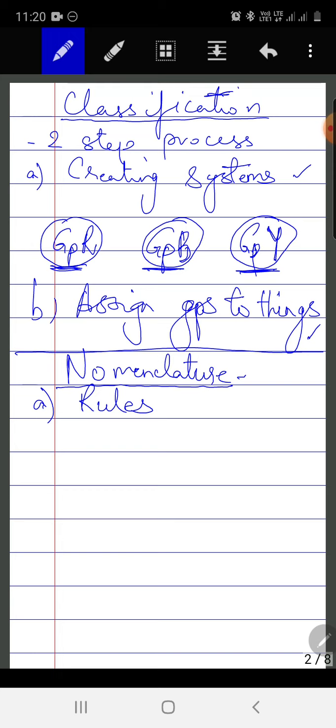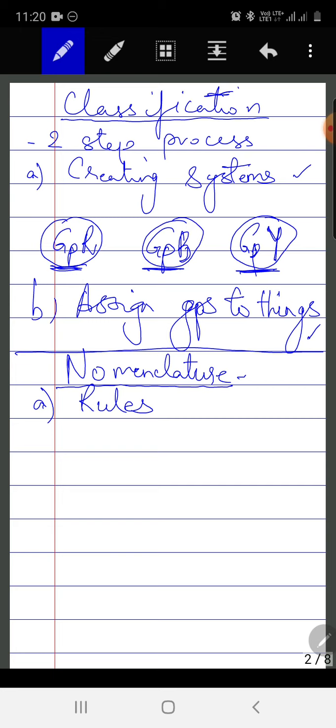The Englishmen, the Christians, have different names. The Muslims have different rules for naming their children. Like Hindus, the Sikhs, depending upon the religion, depending on the family systems, they've got certain rules.